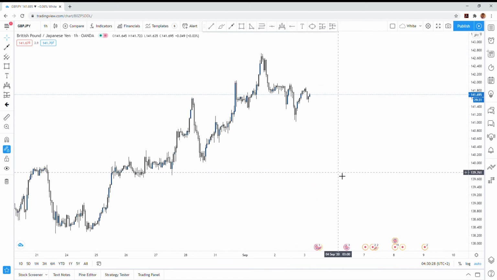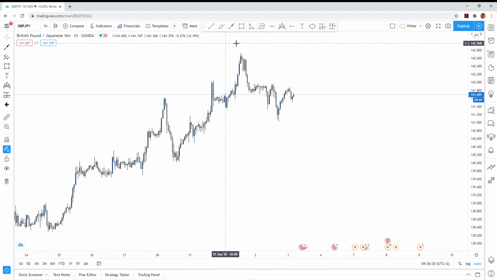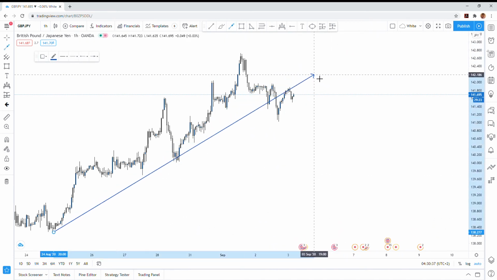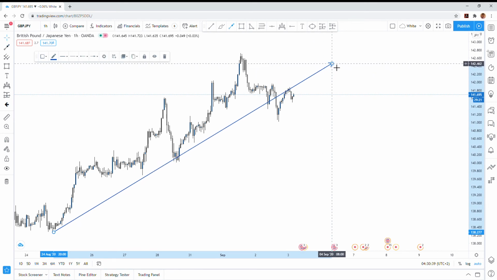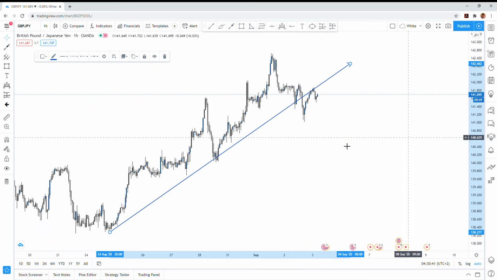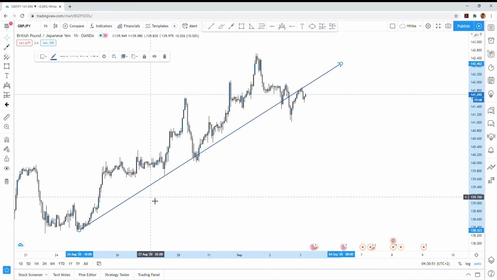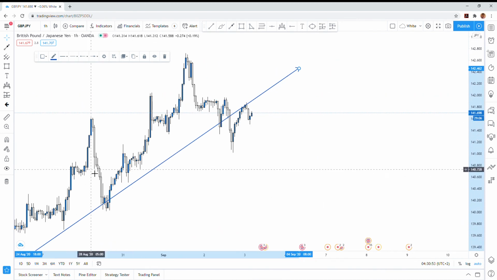Look at this. Price has been going up, right? Price has been moving up, as you can see. Okay, this is not really a proper trend line, but it's a line that's indicating that we have bullish momentum in this market.